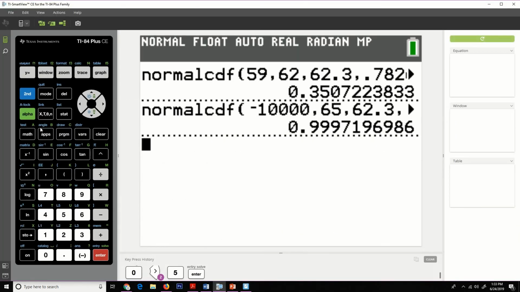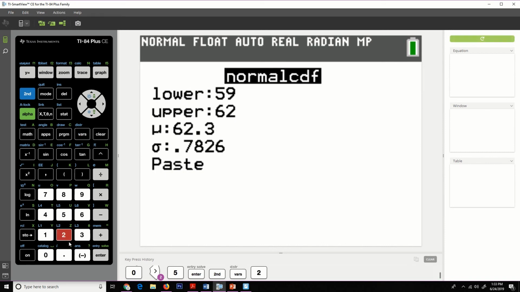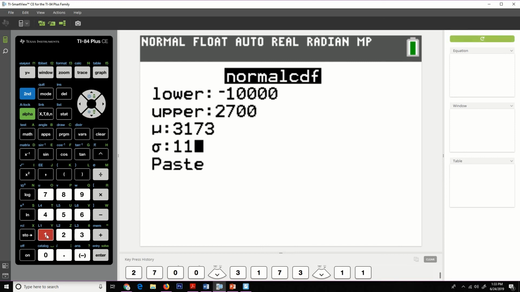And so again, if I do my normal distribution, negative 10,000, and then the upper bound is 2,700, our mean 3,173, standard deviation 1,120.